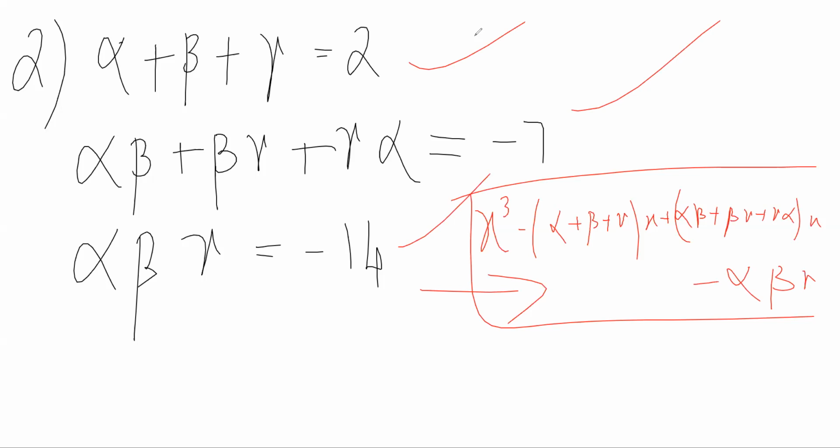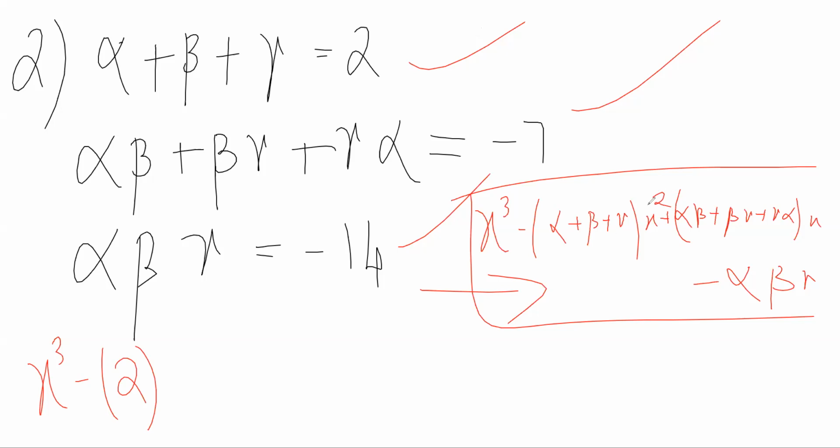So the cubic polynomial to be found is x cube minus (alpha plus beta plus gamma, which is 2) into x square, sorry, I made a mistake in this equation. It is going to be x square, so please correct this.